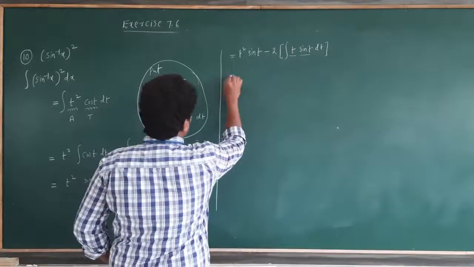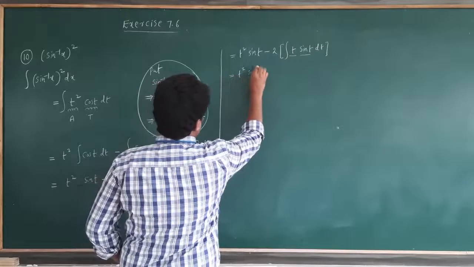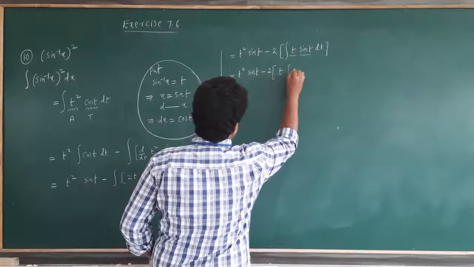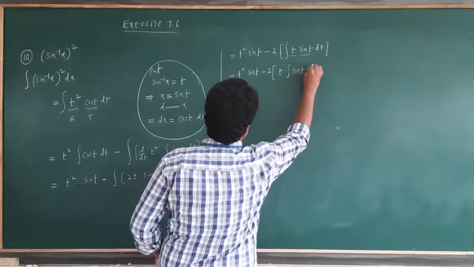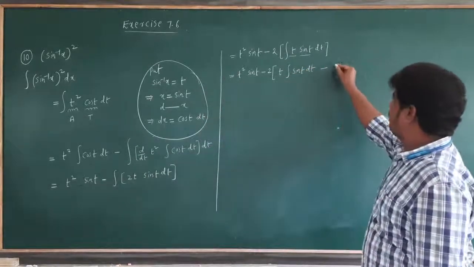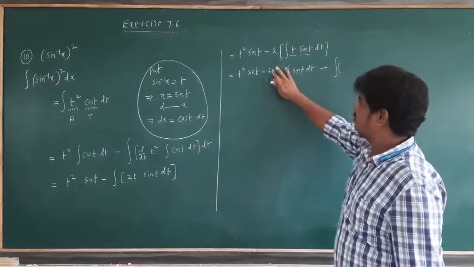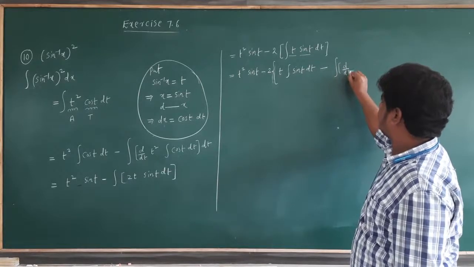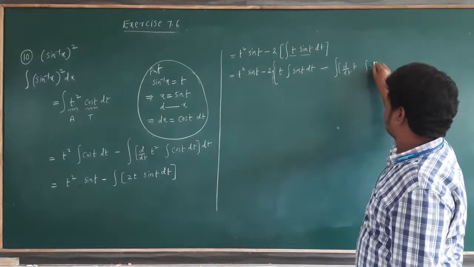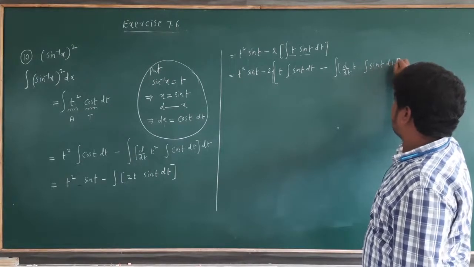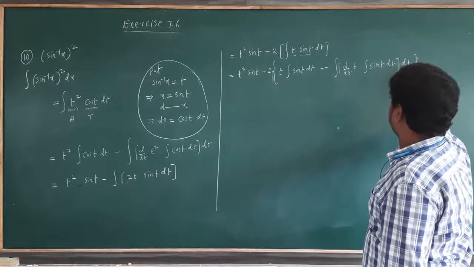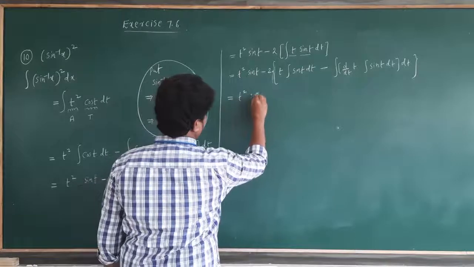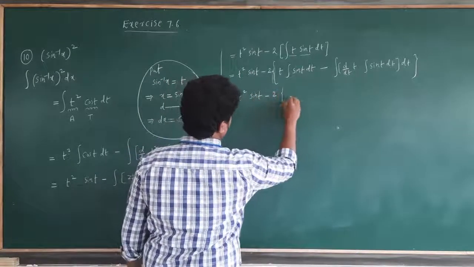Now t square into sin t minus 2 into, first function t, integral of sin t dt, minus integral of d by dt of t into integral of sin t dt, whole dt. Now this is equal to t square into sin t minus 2t.